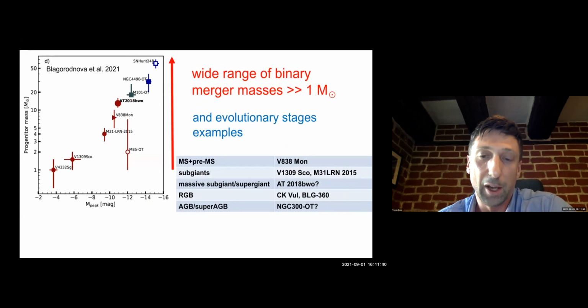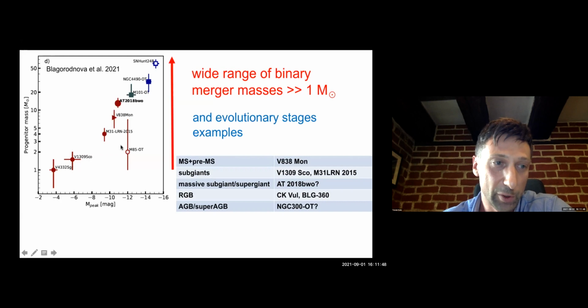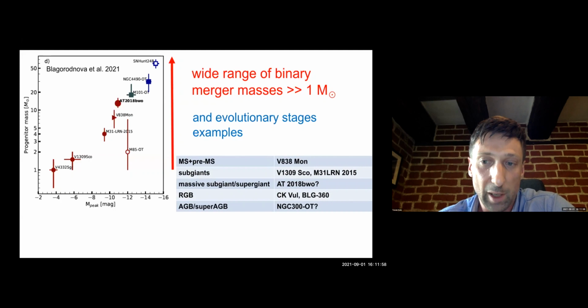And also for those cases when we know something about the progenitors, it seems that we are dealing with different evolutionary stages. So we have main sequence and pre-main sequence stars, like in the case of V838 Monocerotis. We have those interesting subgiants, like famously V1309 Scorpii. We know about some massive subgiants or supergiants.